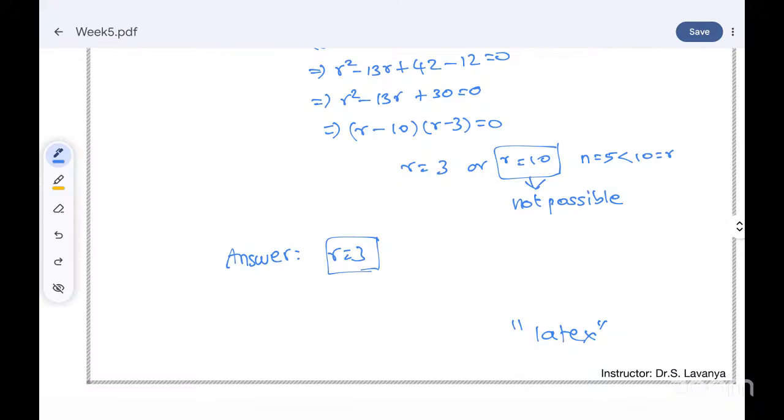So you can try this LaTeX because, for example, if you are applying for a TA position, this is definitely going to be required. So LaTeX you should know if you are applying for a TA position, right? Also, this is going to be useful for your higher education.